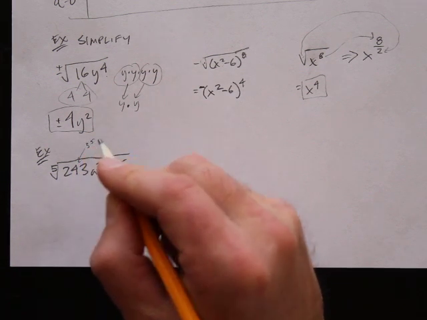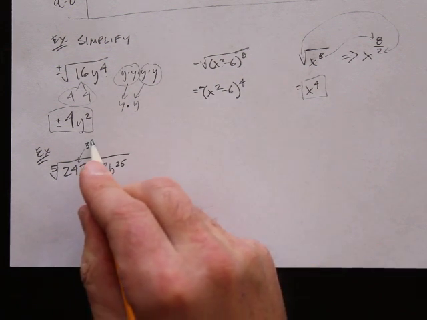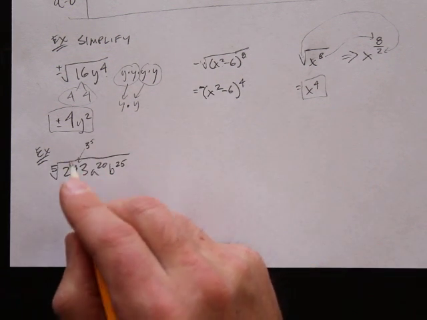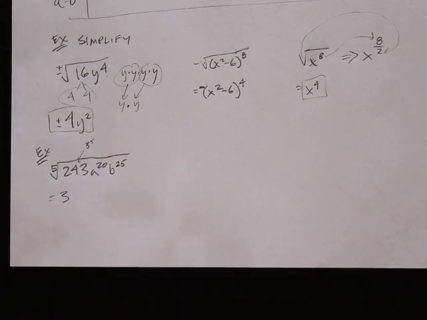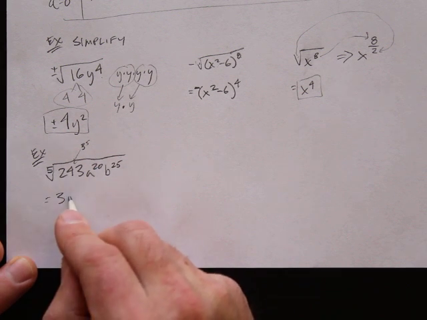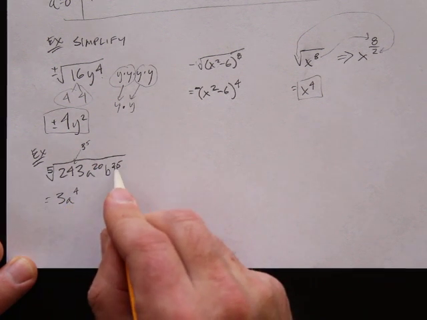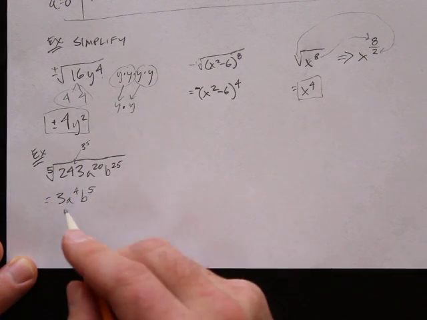If you were to plug this into your calculator, this is 3 to the 5th power. So 5 divided by 5 is 1, so I end up with 3 as my coefficient there. 20 divided by 5 is 4, a to the 4th. 25 divided by 5 is 5, b to the 5th.